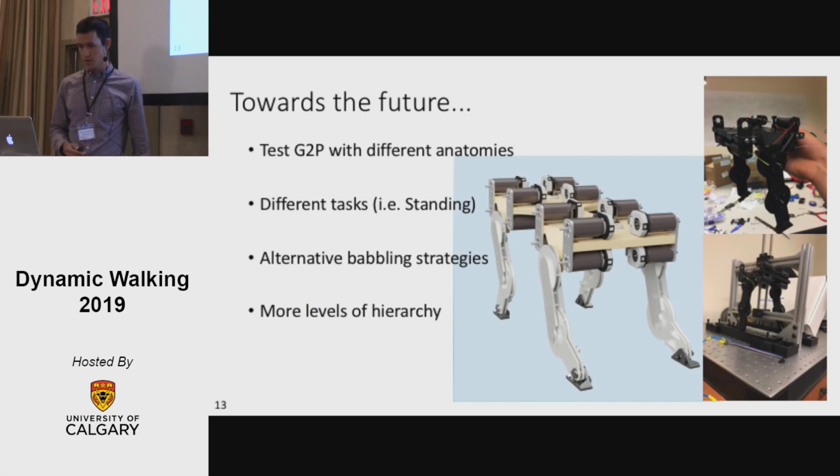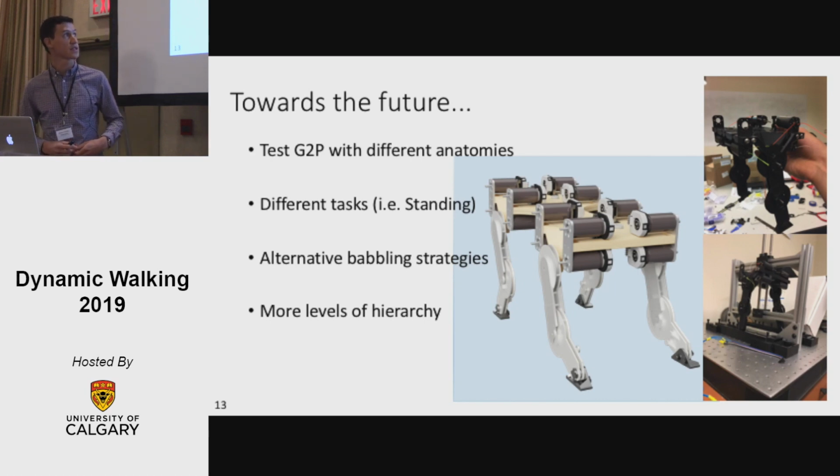Okay. So towards the future, our algorithm that I already described is called G2P, and we want to test this algorithm in different anatomies. We already tested it in a 2-joint, 3-tendon system. We want to test it in more joints, more complex systems.